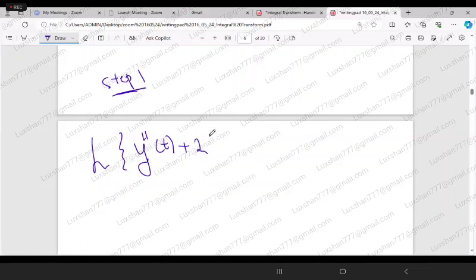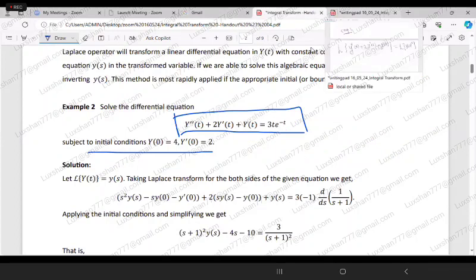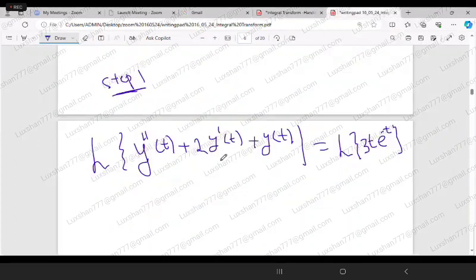Laplace transform of y''(t) plus Laplace transform of y'(t) plus Laplace transform of y(t) equal to Laplace transform of d(t) into e to the power minus t, e to the power t into minus 3.